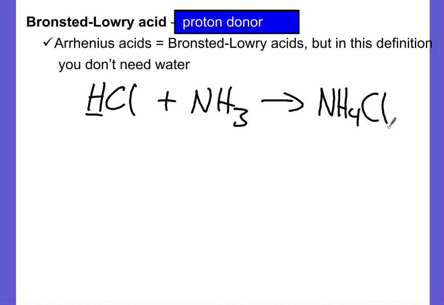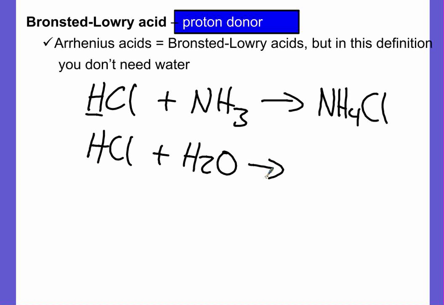Right? But if I had it from that last section, and I reacted that with water, and it donated the proton to the water, then it is an Arrhenius acid. Right? Because I still get the hydronium ion. I'd still have that chloride ion separately. So this was from that last section.